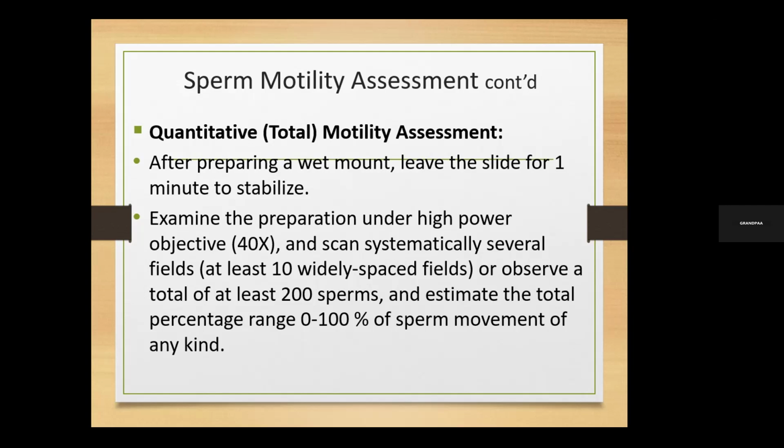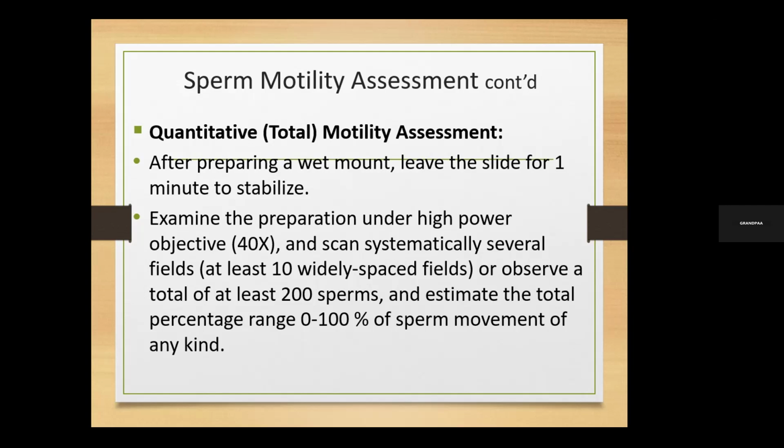If from various fields you see that the majority of them are dead, in quotes, then you can also give an estimate. It means that about 60% of the sperm that you see on the field are dead, so 40% will be moving. Whether they are moving forward or backwards is immaterial.